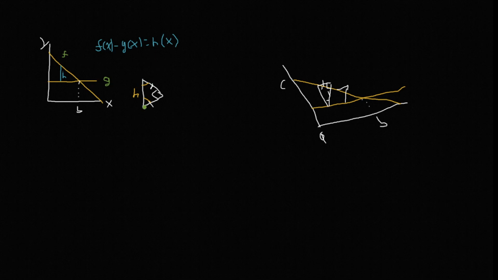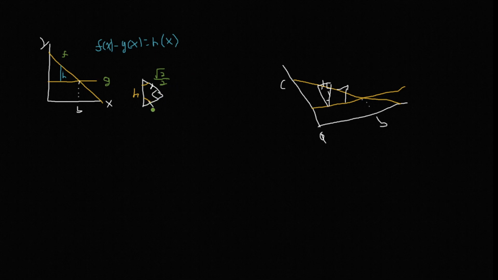We know that if this side is h, and this is a right triangle, we can do our sine and cosine identities. So we can say at this angle, the sine, this is a over h, is just square root 2 over 2. The sine of 45, or the sine of pi by 4, is square root 2 over 2.